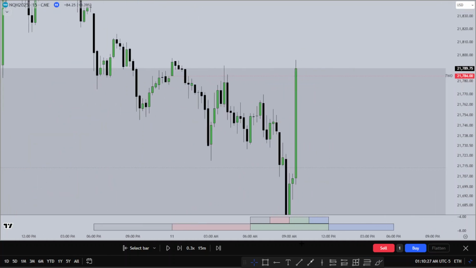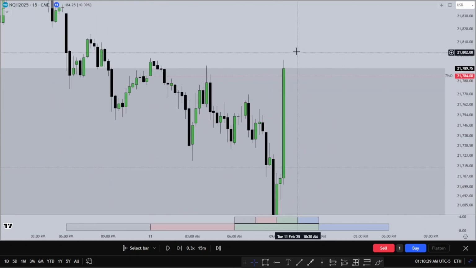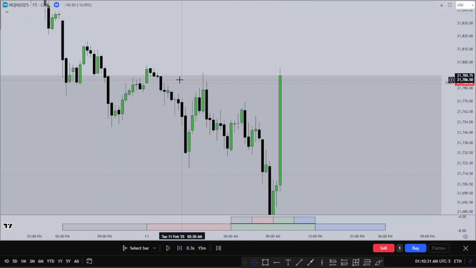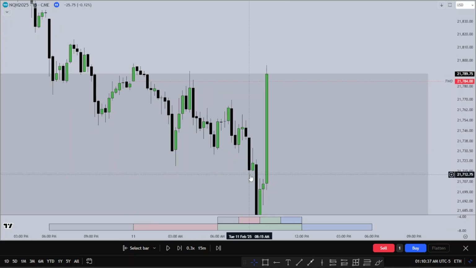So we retraced, so I was like, okay, you know what? I am not gonna do anything. I want to look for my true breakers, because right now the order blocks are not going to work, so I need to look for my true breaker. We have displacement above true week open, displacement above fair value gap.